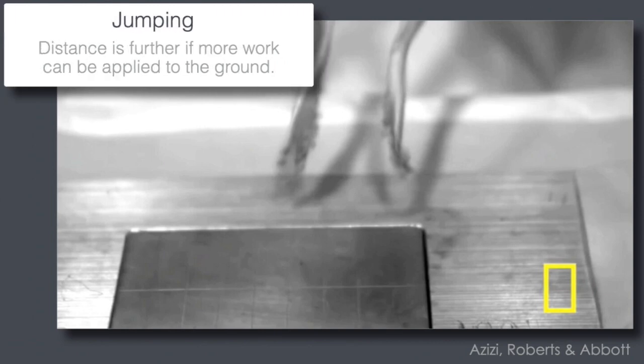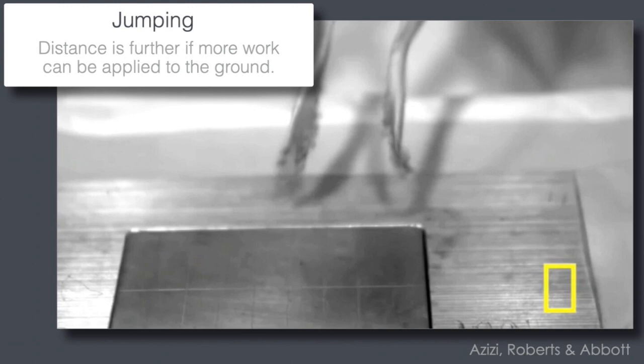So first of all, as a jumper, you're going to be able to propel yourself further if you can exert more work upon the ground. So I mentioned the ground reaction force. If you can apply more of that force for a longer period of time upon the ground and have the ground deflect just slightly in response to that, then you're essentially exerting more energy on the ground, and that will translate to more energy that propels you forward.